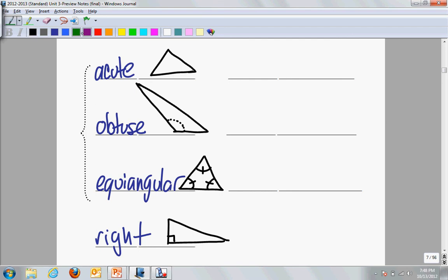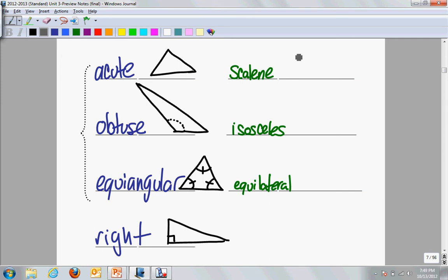Then we have classification for triangles by their sides. There's only three. These three are scalene, isosceles, and equilateral.